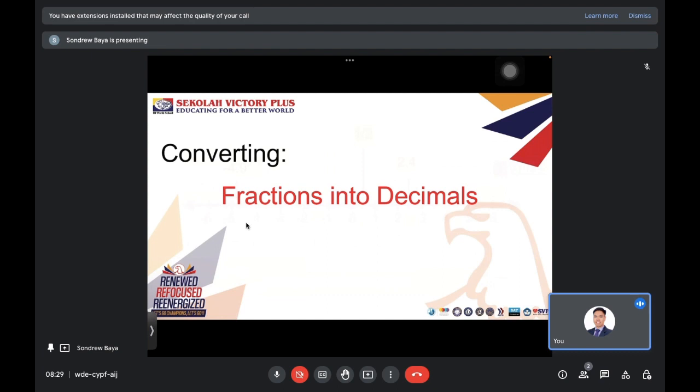You don't usually see 5 3/10 of a dollar. So that is not something common. That is why you have to learn how to convert fractions into decimals, and of course, decimals into fractions, for you to have a better understanding of the quantities that are present in your surrounding. So let's start with the first skill, converting fractions into decimals.